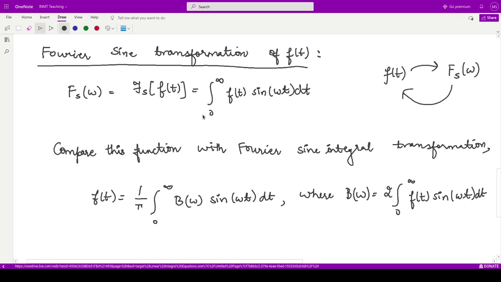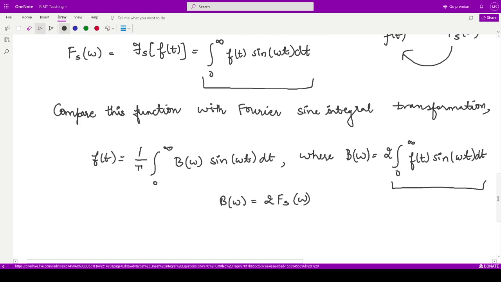So now the value of this one is similar to this one. So we can write b omega is equal to 2 times Fs omega. So we can substitute this value of b omega over here. So we would have f of t is equal to 1 by pi integration from 0 to infinity 2 Fs omega sine omega t dt.